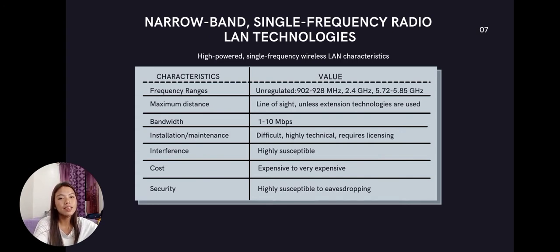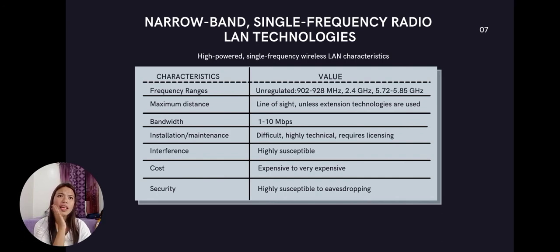characteristics, and this is the high-powered single frequency wireless LAN characteristics. This table summarizes the characteristics of high-powered single frequency radio networks. First is the frequency ranges.